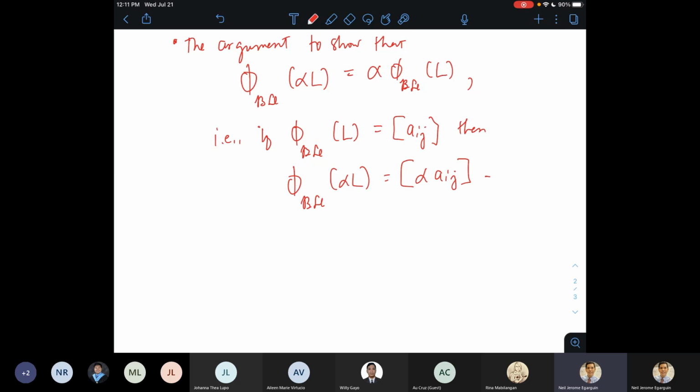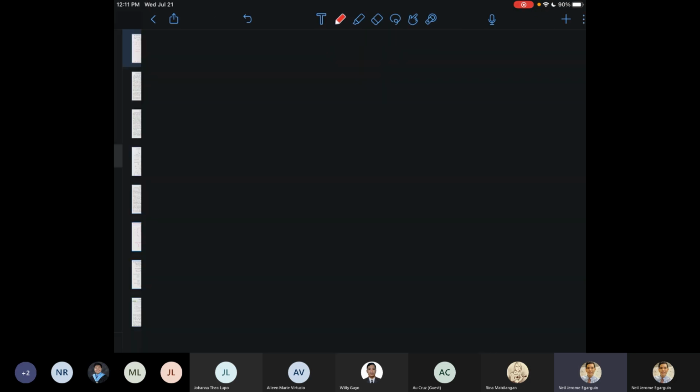So it's the matrix whose entries are just scaled by the scalar alpha. All right. And I think the proof would be similar to what we have done to show that vector addition is preserved. All right.